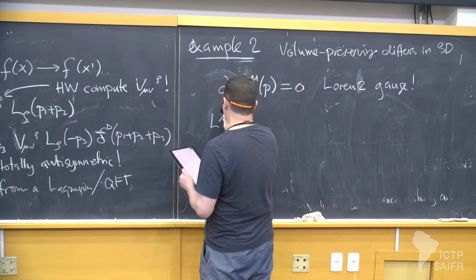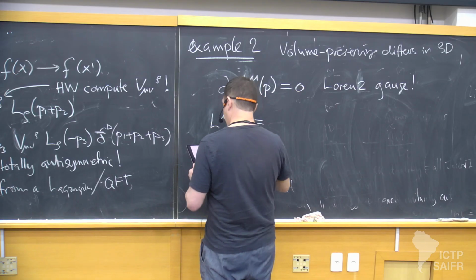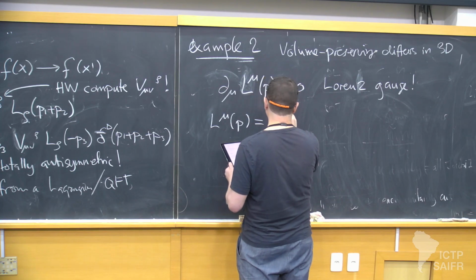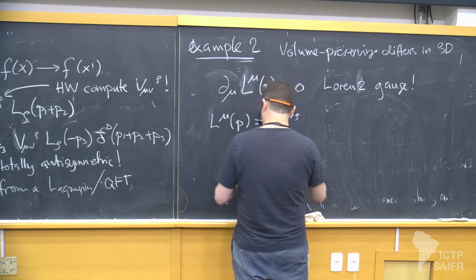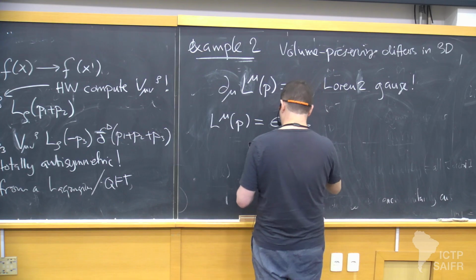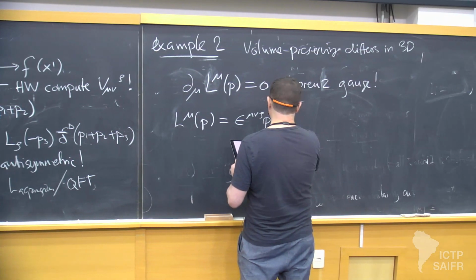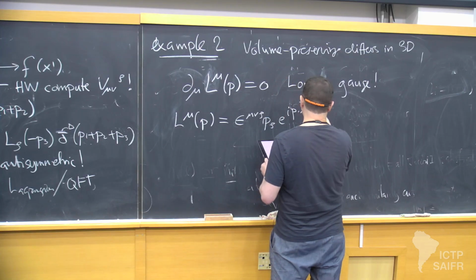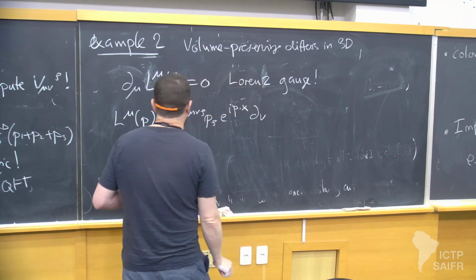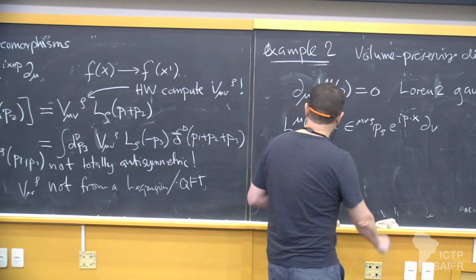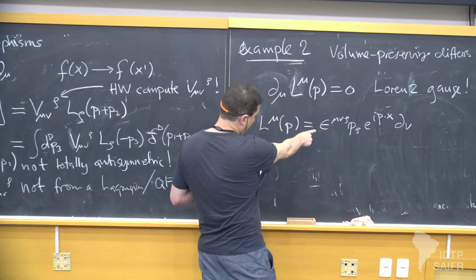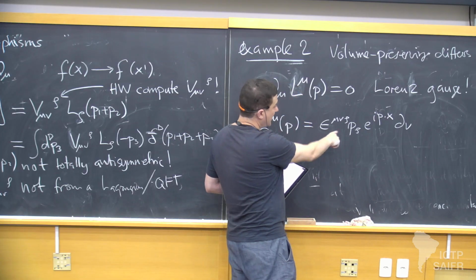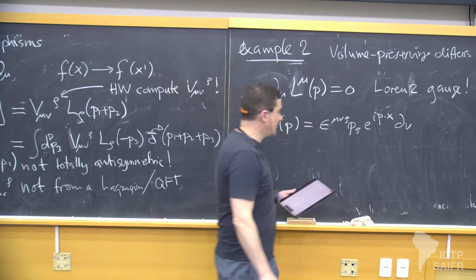So L mu of P is equal to the Levi-Civita in 3 dimensions, epsilon mu nu rho, P rho, e to the i p dot x, d nu. Now you can see if I hit it with a derivative, I'm going to get another factor p downstairs, and that's going to kill the Levi-Civita, because the Levi-Civita is antisymmetric.